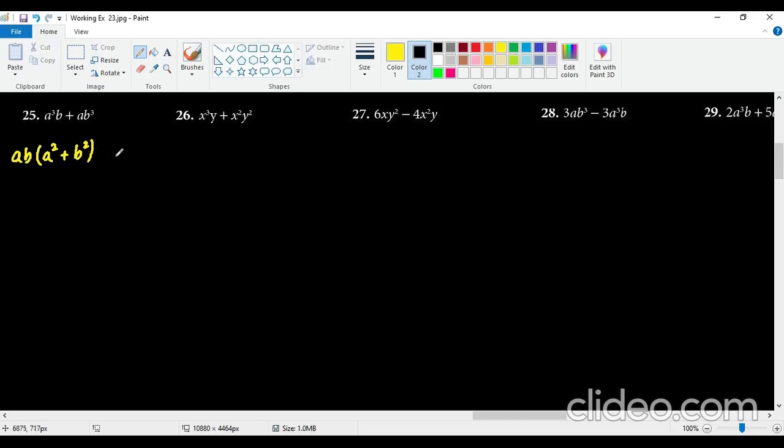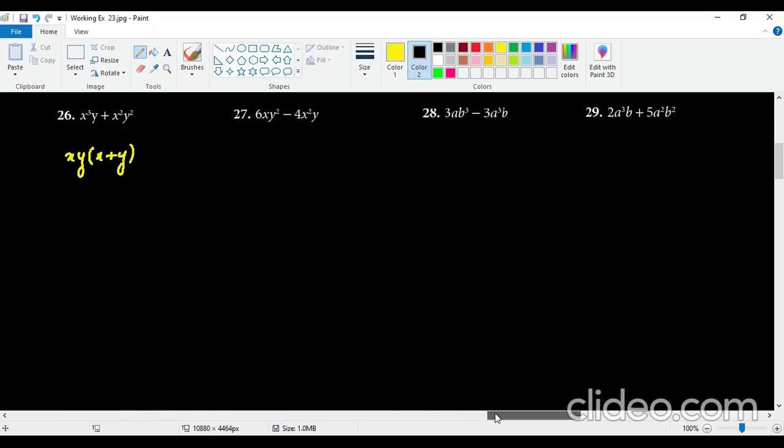In here, I have x square and y square common, so I will have x plus y as another factor. So x square y and x y square are going to be the simplification of this once expanded. Moving on to question number 27.